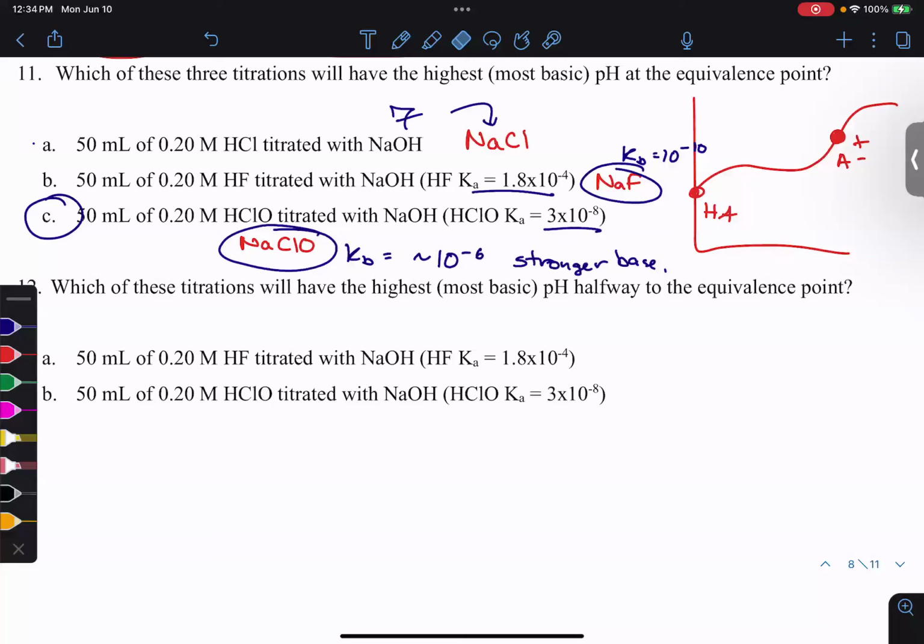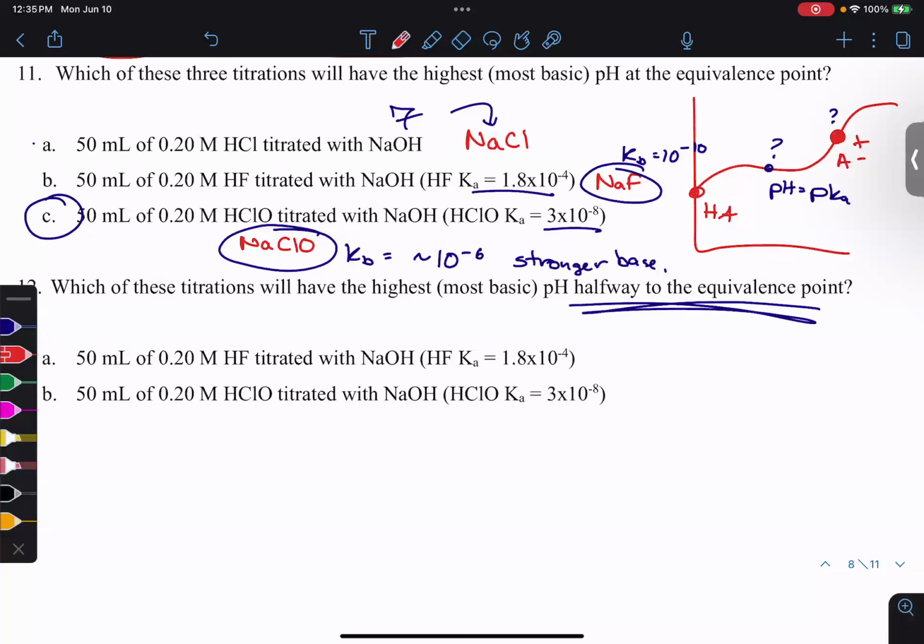Okay, so which of these titrations has the highest, most basic pH at the halfway point to the equivalence point? I'm not asking you what's the pH at the equivalence point. I'm asking you, what's the pH right here? What's special about the halfway equivalence point? pH equals pKa. So that's where your answer is. Look, here are your Ka values.